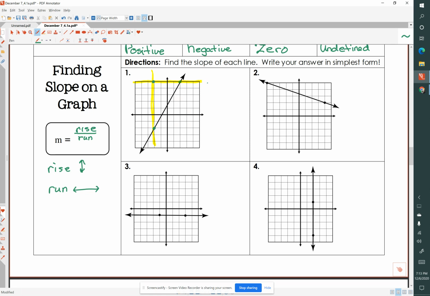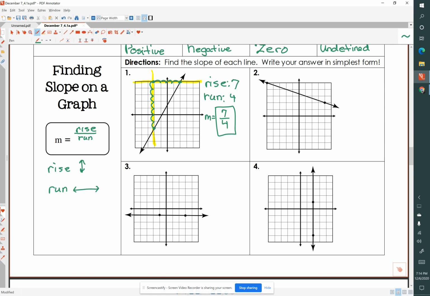So the rise would be, let's count, 1, 2, 3, 4, 5, 6, 7. Now we have to calculate the run. We're going to go from this point over to the point on the line. 1, 2, 3, 4. So the run is 4. So m, the slope, equals 7 over 4.